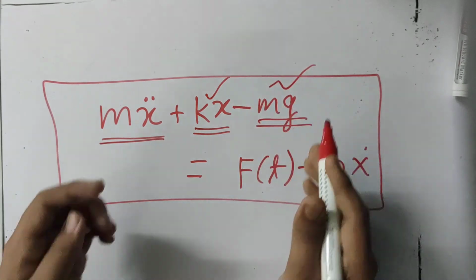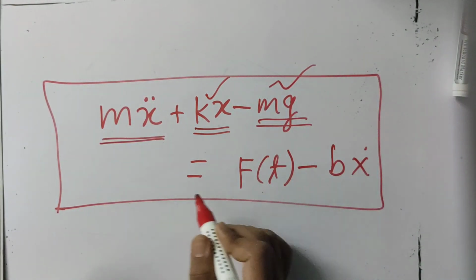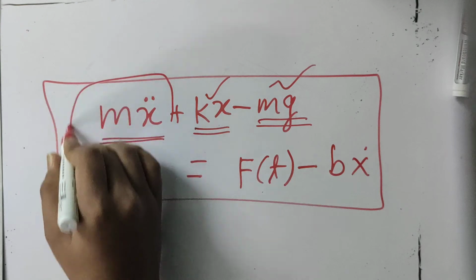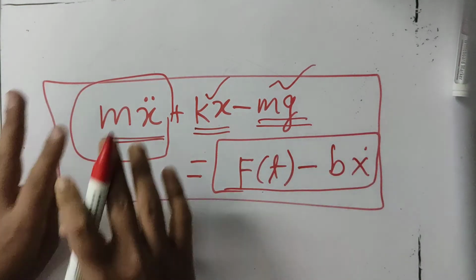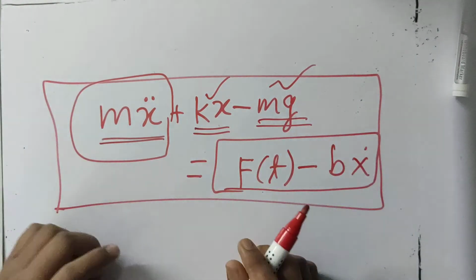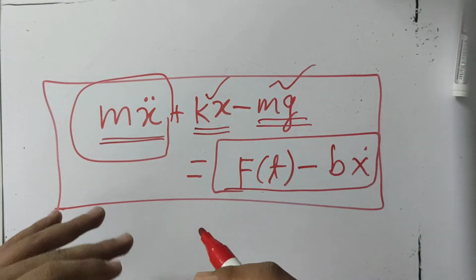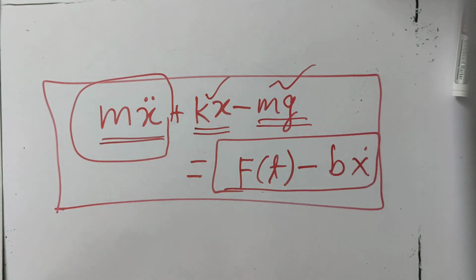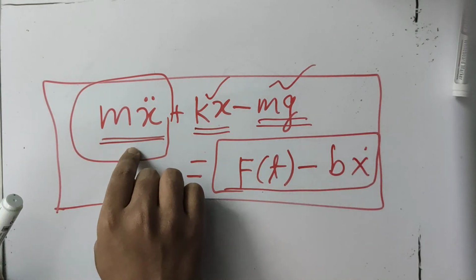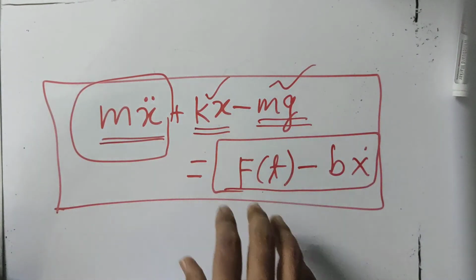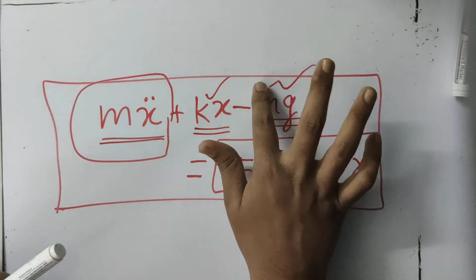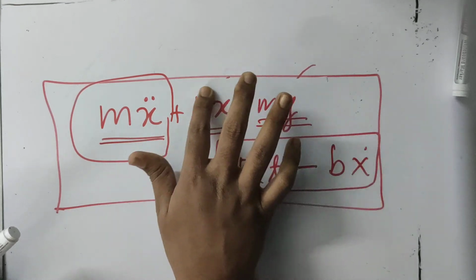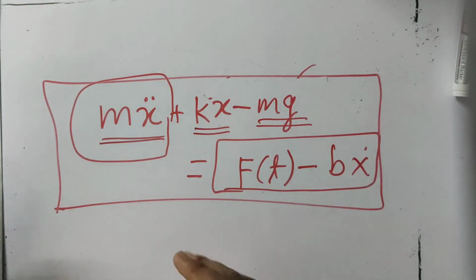These two forces are conservative in nature, whereas these two forces are non-conservative in nature, and it is very much consistent with what we could get from Newton's laws, right? So this is to be noted. We could have foreseen these expressions before getting into this equation. So this is the final equation of motion of our system, which is a mass spring dashpot system. The dashpot means that viscous medium.